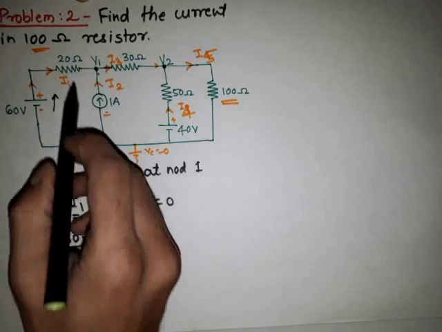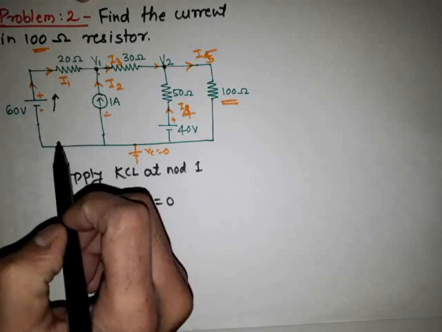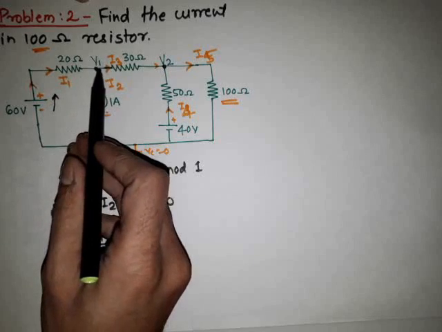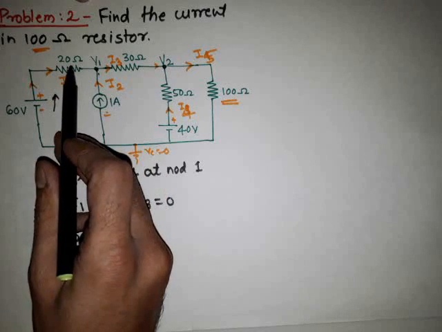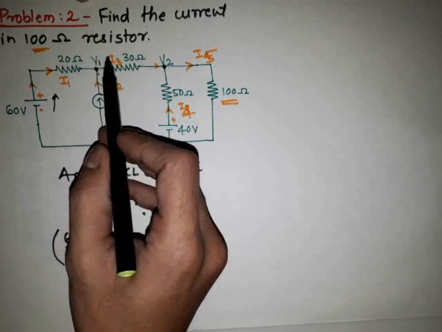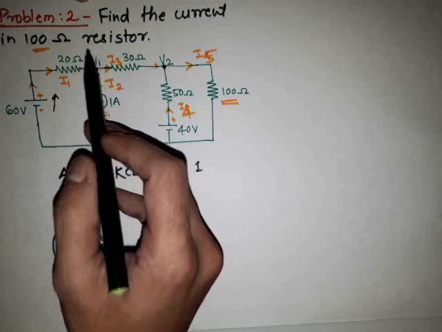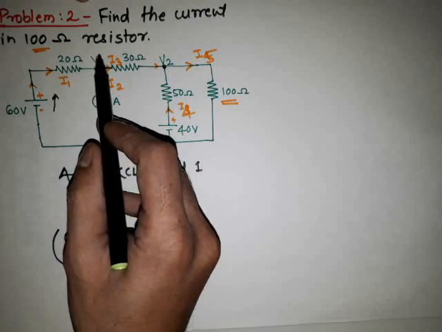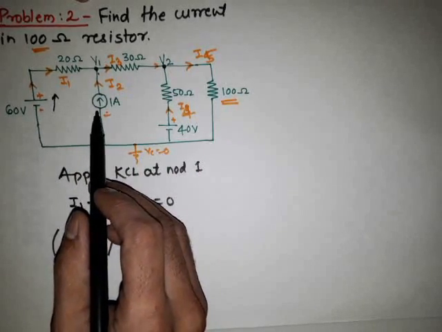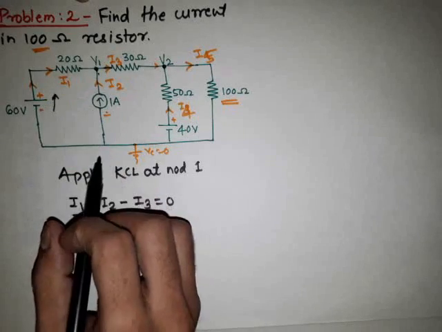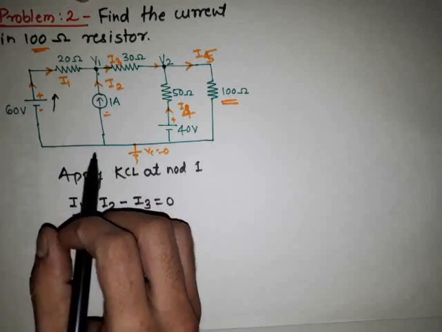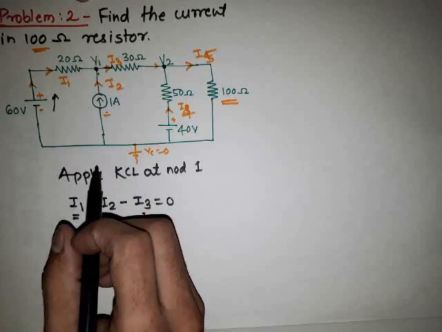This is the current flowing through the 20 ohm resistor. Simply, initial voltage minus final voltage divided by the resistance. We subtract the final voltage if we don't know the polarities of the final voltage. If we know the polarities of the final voltage, then we have to consider the direction of the current and the polarities, as we have seen in the different conditions.